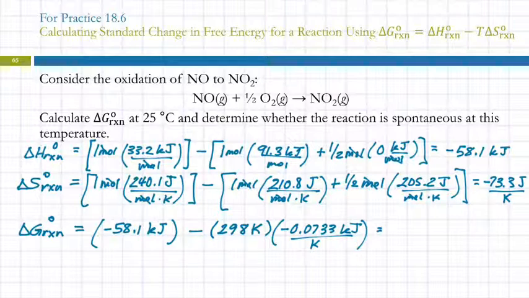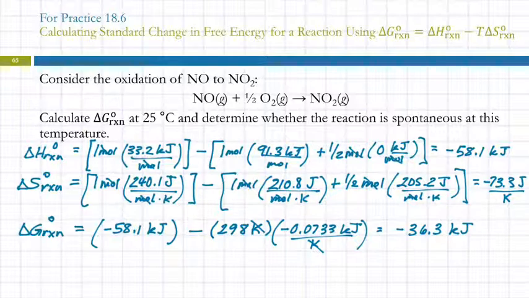So I've got negative 58.1 minus 298 times negative 0.0733, getting negative 36.3 kilojoules.